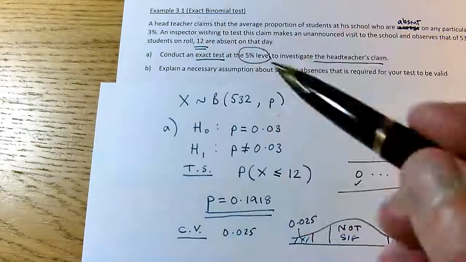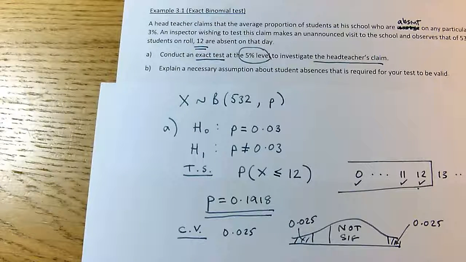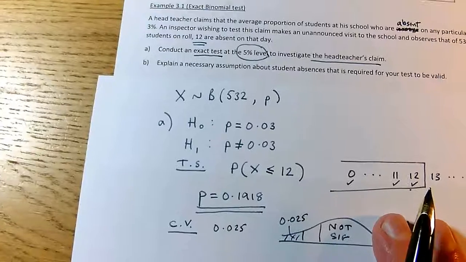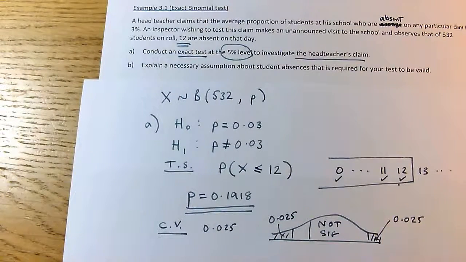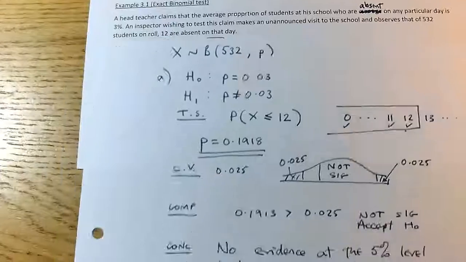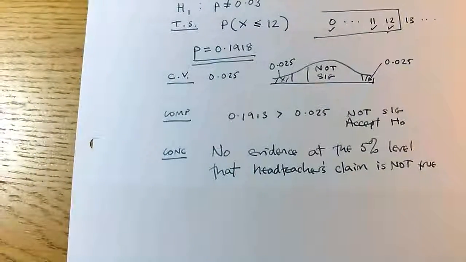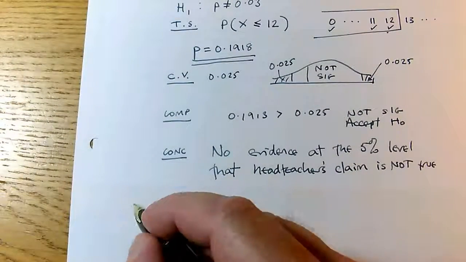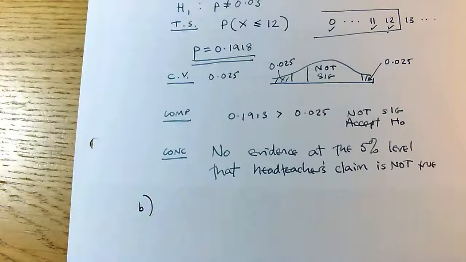But the other feature of a binomial we need is the trials need to be independent. Now, is that necessarily true? No, because if students are absent because they're ill, then they could be infecting each other with their disease. If they're skiving off, then they could be skiving off in groups of students. So whatever reason they may have, it may not be independent.